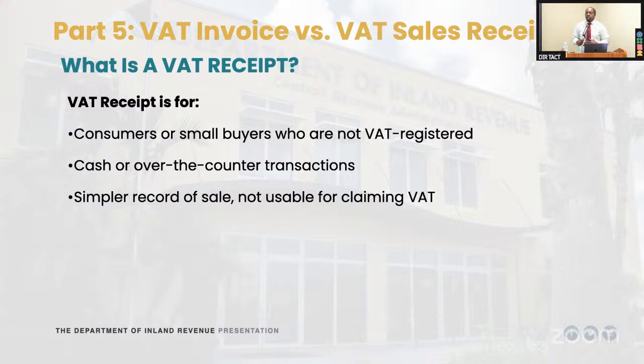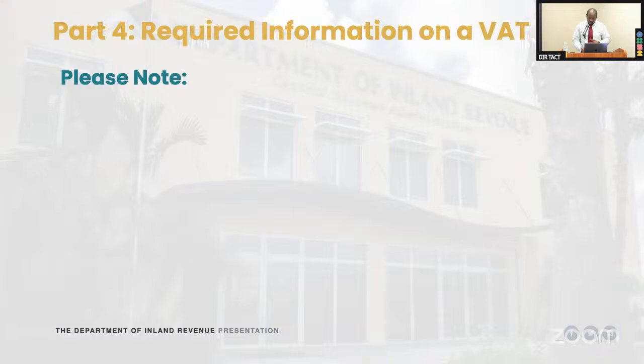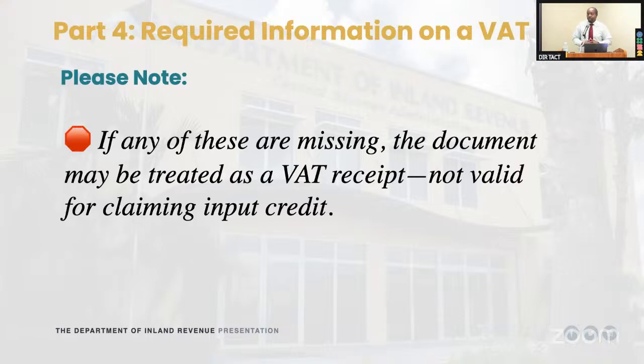If you're doing business with another VAT registrant and all you get is VAT receipts, let me pull this up one more time. It's not valid for claiming input credit. So that means your business would be in a position where you may possibly be up to take a loss.